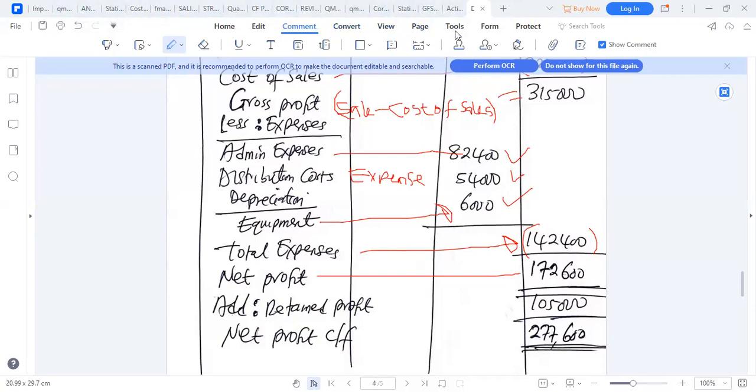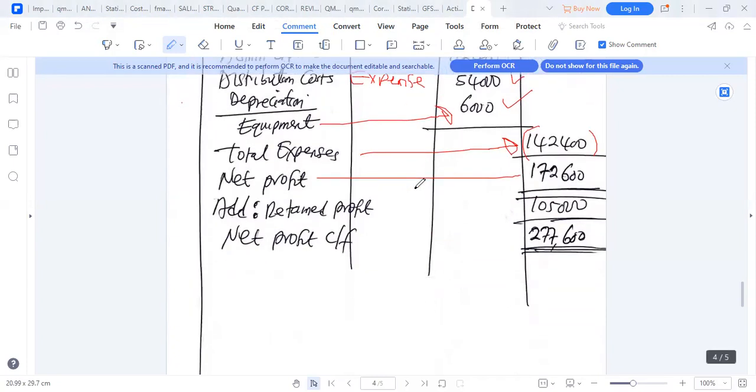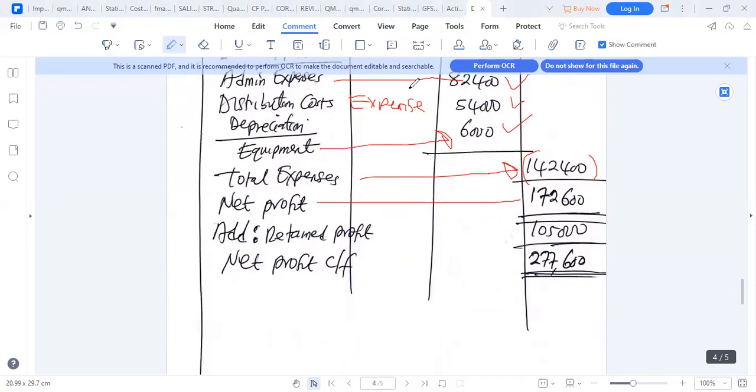So we have the opening balance of retained earnings. We're supposed to add it there for us to get the amount to go for.